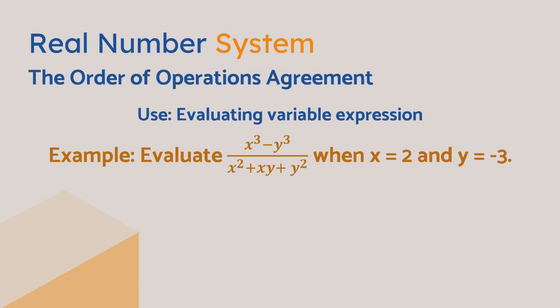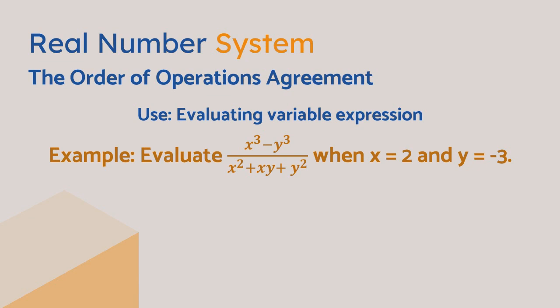It's implied that the numerator is enclosed in parentheses and the denominator is enclosed in parentheses. If in doubt, you can rewrite this in division notation: the quantity x cubed minus y cubed divided by the quantity x squared plus xy plus y squared. So you can rewrite that in division notation in order not to miss out on PEMDAS.